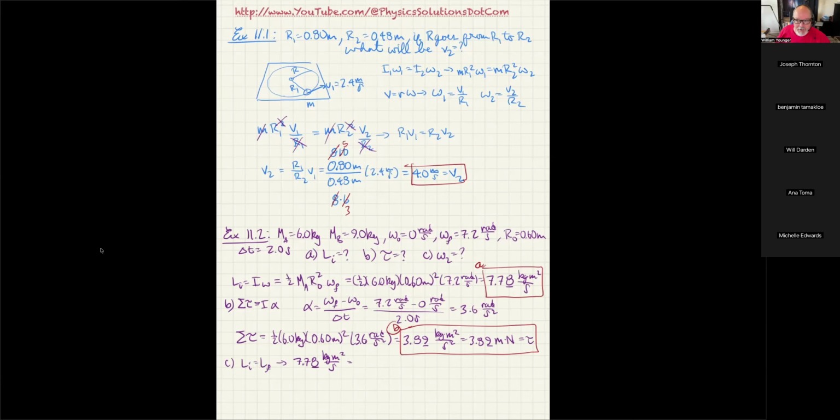And they have the same radius, so it's just the same thing. So now it's 1/2 mr squared, but the m is 6 plus 9. So this is going to be 1/2 times 6.0 kilograms plus 9.0 kilograms times R, which is 0.60 meters squared.